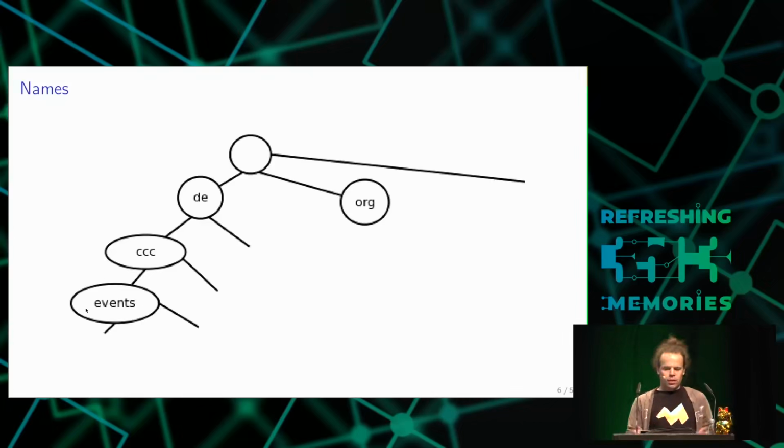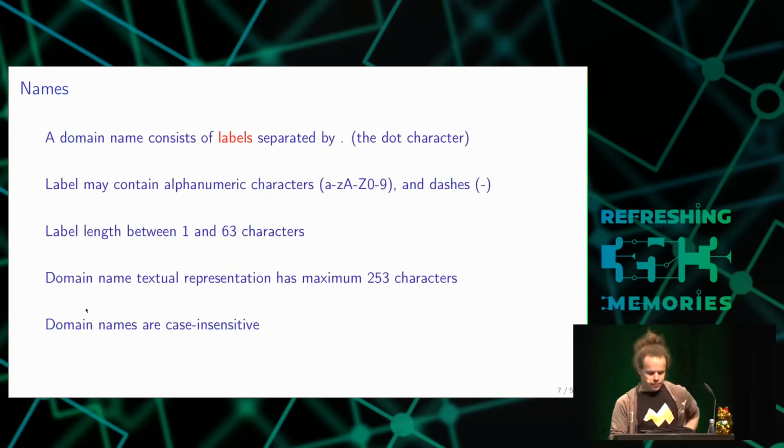So it's a tree-like data structure. Each domain name, so a domain name is events.ccc.de, consists of a sequence of labels which are separated by the dot character. So if you actually type events.ccc.de, the DNS protocol itself knows the top level domain name is DE, then you have the second level domain name, which is ccc.de, and the third level domain name is events.ccc.de.